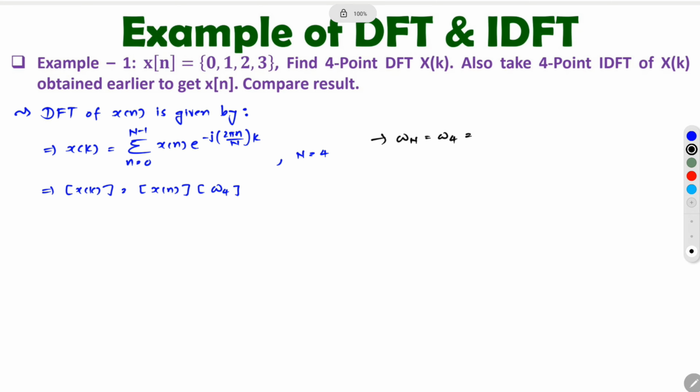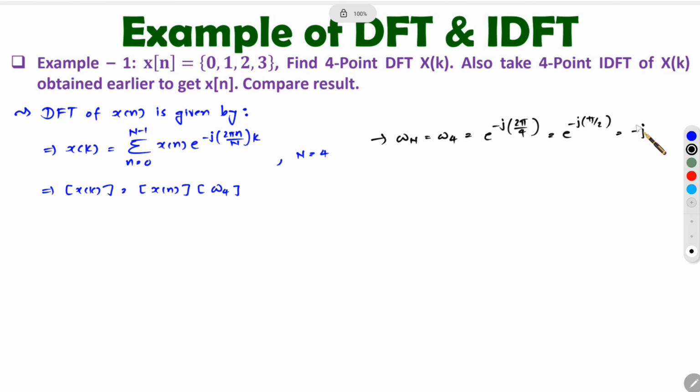So weightage will be e to the power minus j 2 pi by 4. That will be effectively e to the power minus j pi by 2. And one should know e to the power minus j theta is cos theta minus j sin theta. So cos pi by 2 is 0, and sin pi by 2 is 1, means this value will be minus j. So here W4 weightage is minus j.